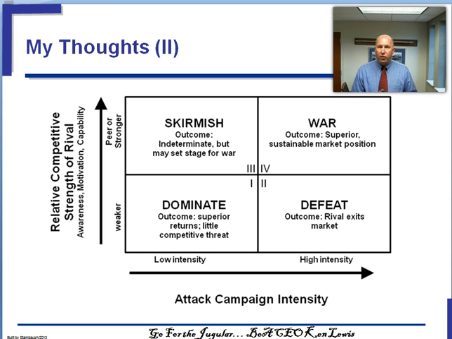And this is what I call the defeat strategy. You're looking for a swift war. An example of this is what Bed Bath & Beyond did to Linens and Things about 5 or 6 years ago.